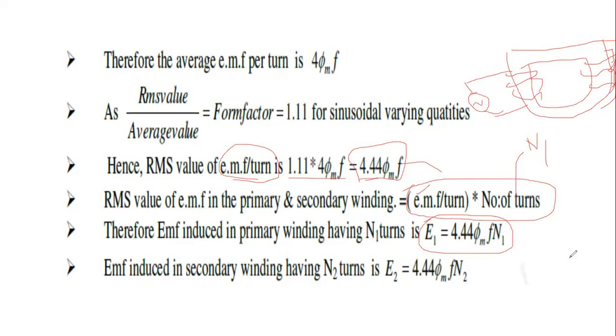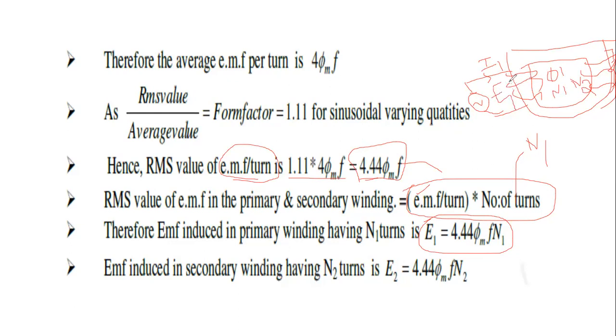When we give the AC supply, the I1 current flows through the primary winding. Due to that I1 current, the flux φ1 is produced. This is N1 number of turns and this is N2 number of turns. When the flux links this coil, according to Faraday's laws, the EMF is induced.